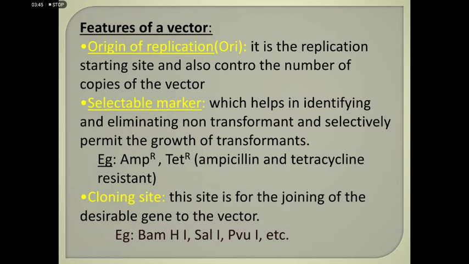This selectable marker will be discussed at a later stage. Then the cloning site. This is the site for joining the desirable gene to the vector. There are various cloning sites present in a plasmid like BamHI, SalI, PvuI, etc.